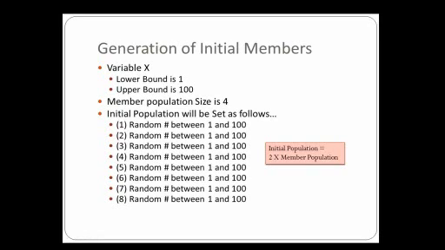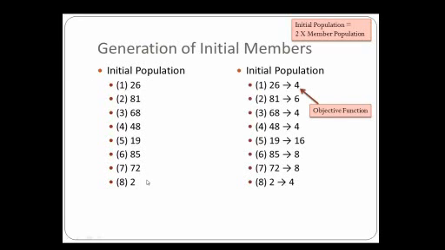It will generate that by coming up with a number between the lower bound and the upper bound. Just for giggles, let's say we roll the die and generate those 8 random values for this initial population to test. It's going to run the simulation model with each one of these values and get its objective function.